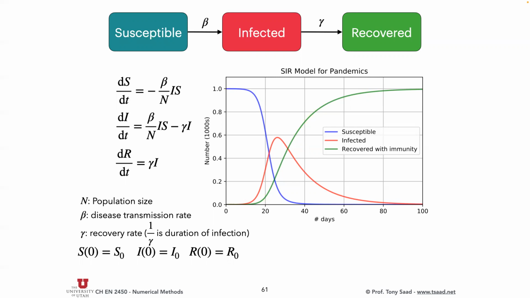And so the problem with this model, what this is telling us, is that we have no control over this, because beta and gamma are properties of the virus.